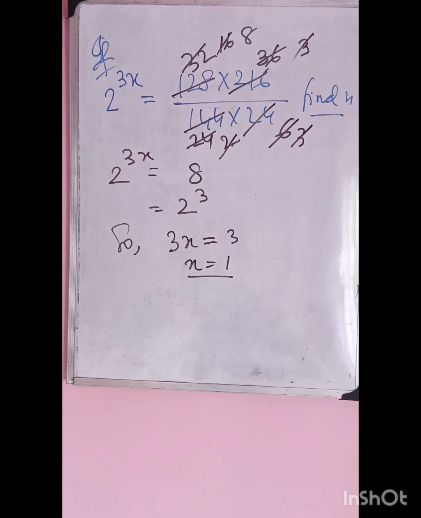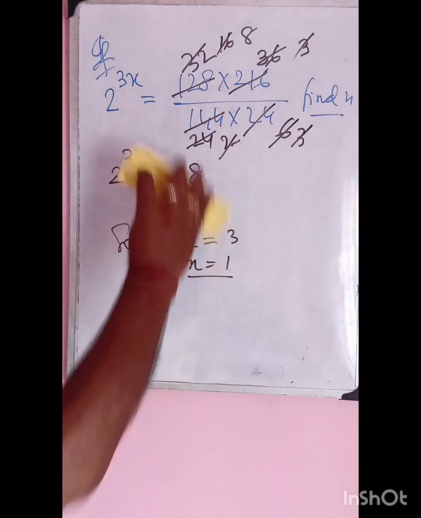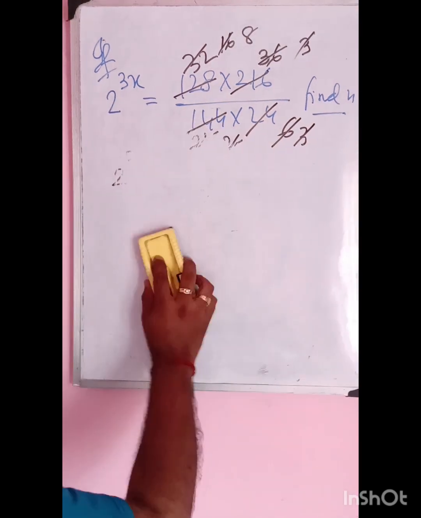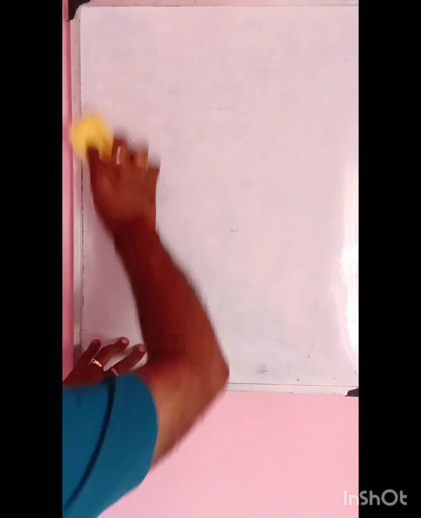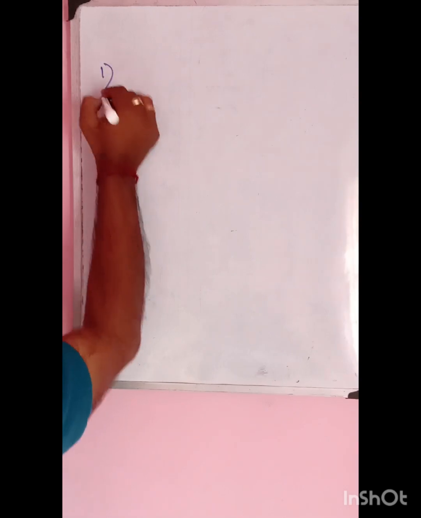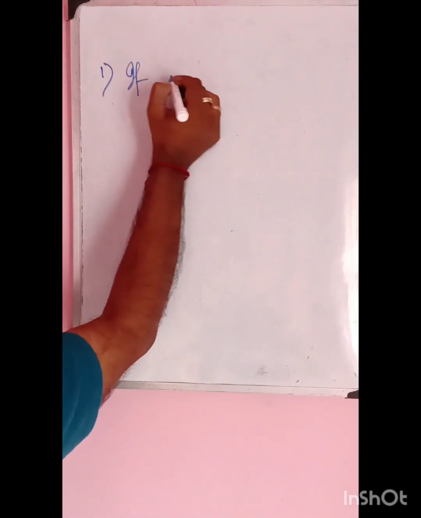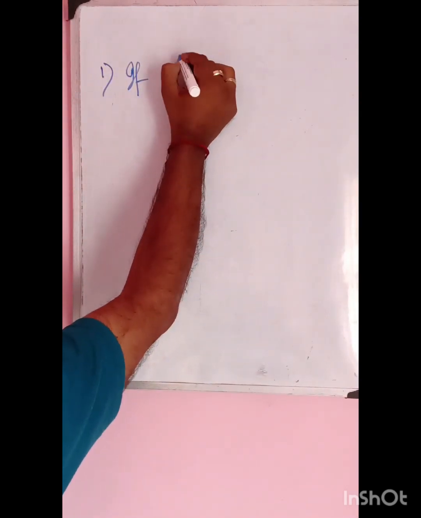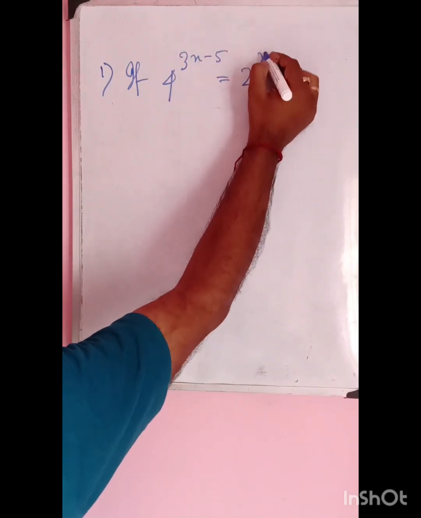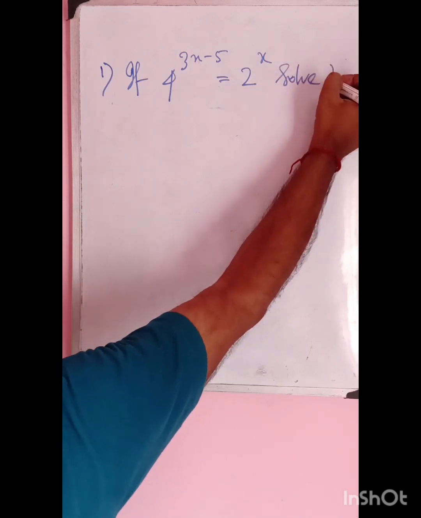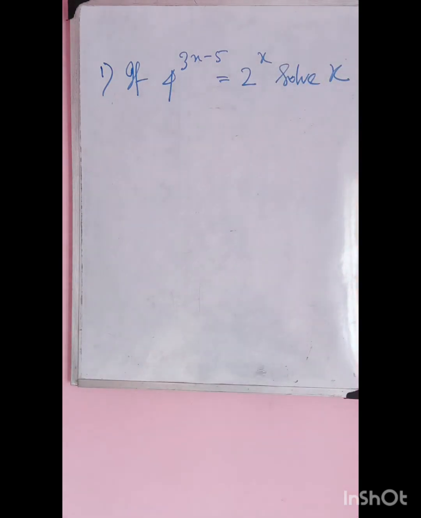Let us go for next problem. I am writing 2 problems for you to solve. Okay? Number 1, if 4 to the power 3x minus 5 equals to 2 to the power x, solve x. Problem number 1.